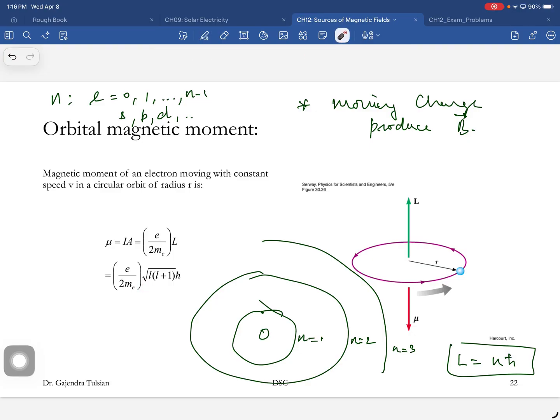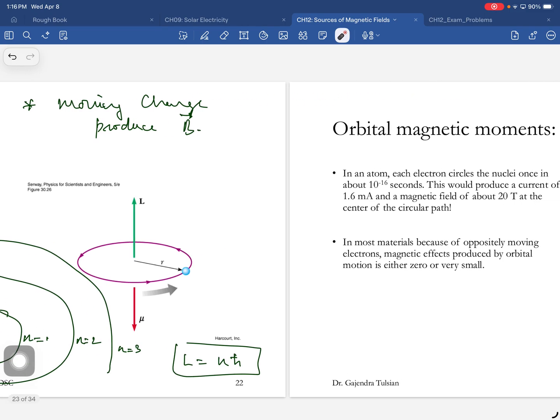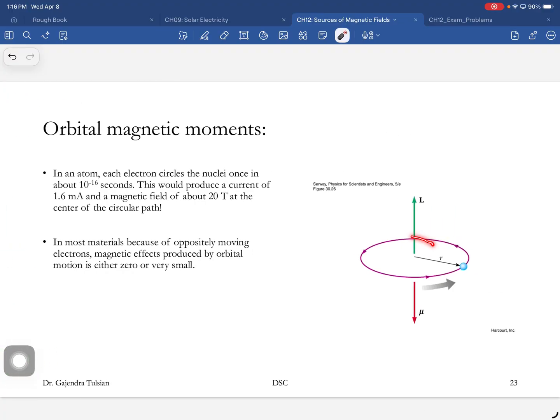Okay. So the s orbital, L is 0 for s orbital. For s orbitals, the electrons are going back and forth like that, so they don't have any orbital angular momentum. But in a p orbital, so again, simplistically, here's electrons going around, and they behave like a magnet, and the magnet is pointing in this direction because they're negatively charged particles. And in an atom, each electron circles the nucleus once in 10 to the minus 16 seconds.